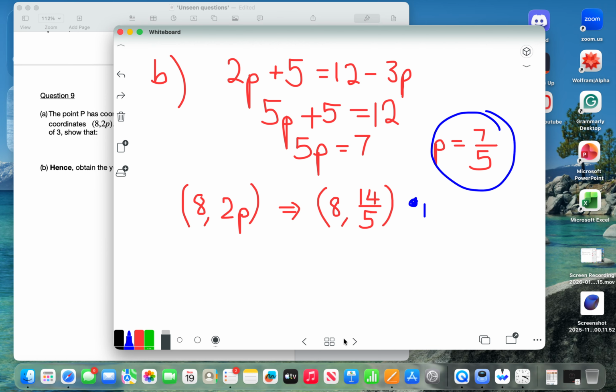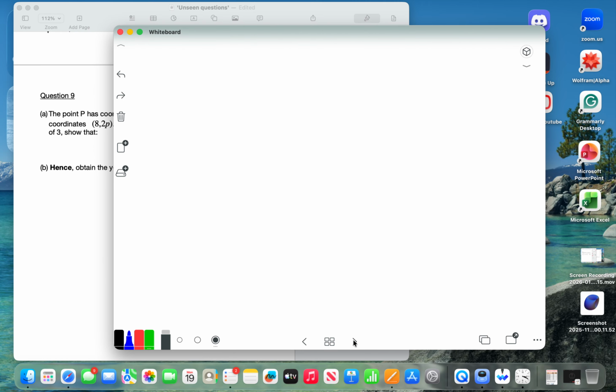There are 2 methods we can use to solve this. The first method is going to involve using the equation y equals mx plus c.